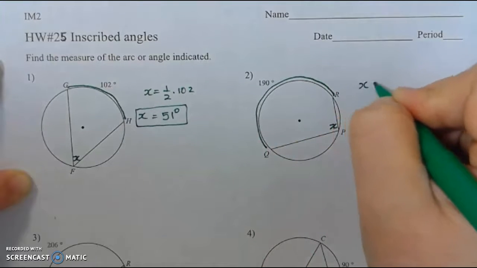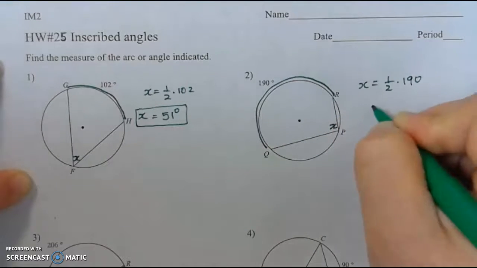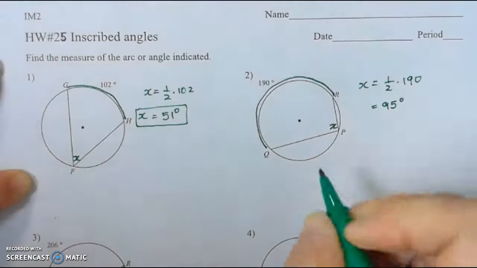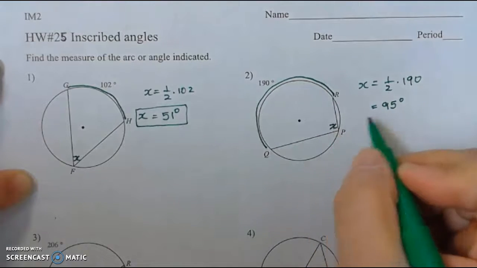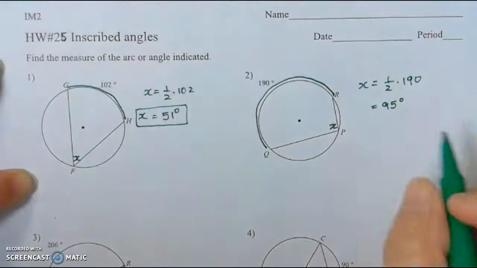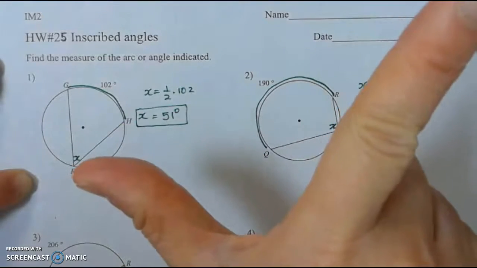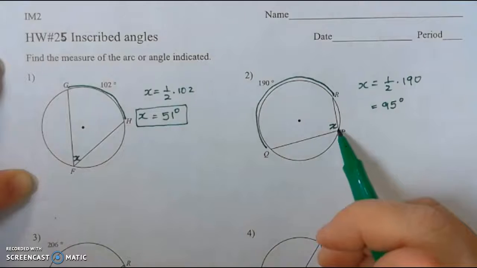So X is going to be half of 190 degrees, which is 95 degrees. Okay, when you have your answer, think about this: does this look about right? 95 degrees. This is 90 degrees, the right angle. 95 is just slightly bigger. Does it look like it's slightly bigger than 90 degrees? Yeah.